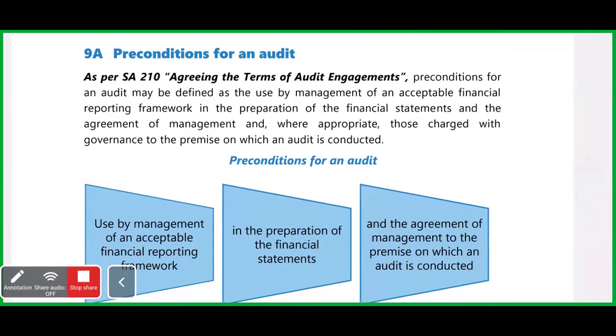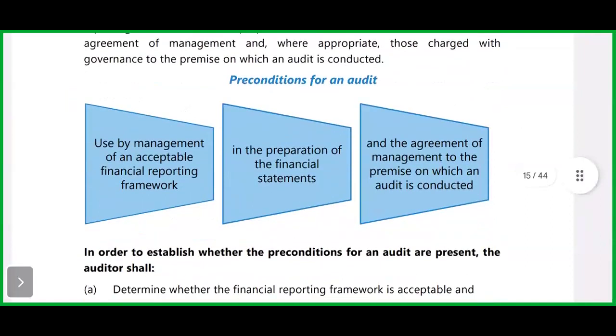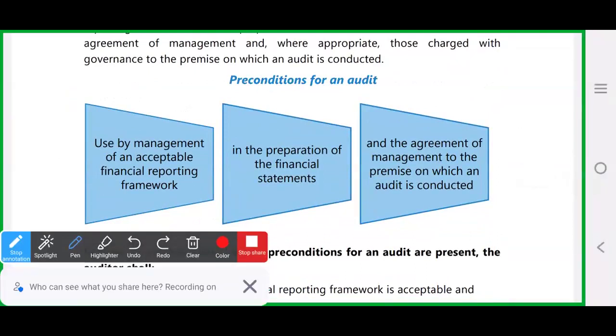SA 210 gives us three preconditions for an audit. That is, the auditor has to use the applicable financial reporting framework. If it is a company, form of organization, the requirements of the Companies Act have to be used. If it is a banking company, rules of the banking authority come into picture, RBI rules.